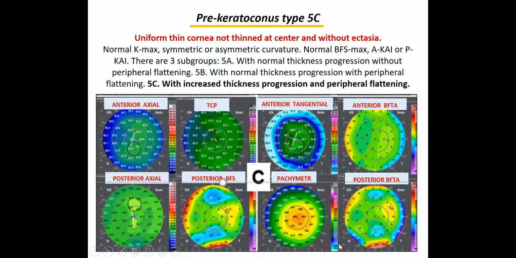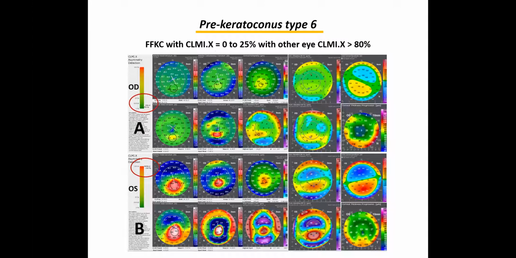Okay, so with this, we begin to understand that we have corneas that have part of the signs of keratoconus, but they don't have ectasia. With Galilei, we don't have the Belin-Ambrosio display because we don't need it.